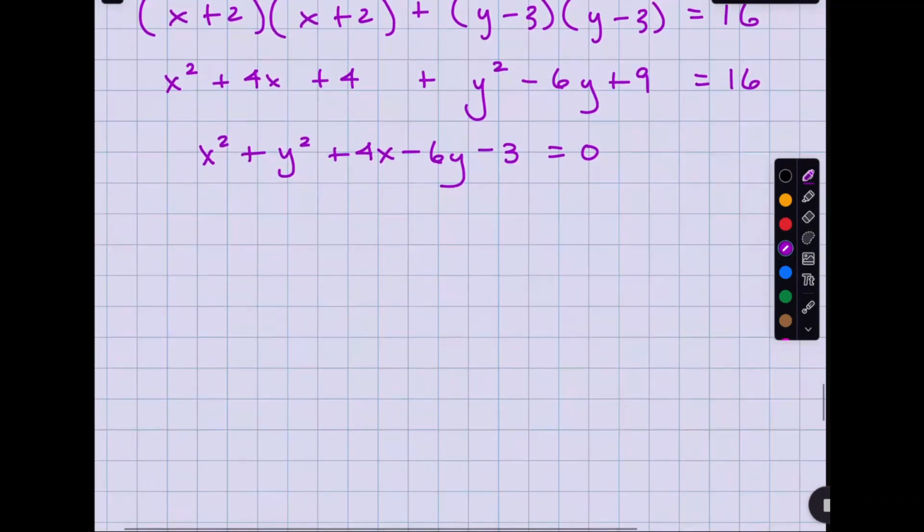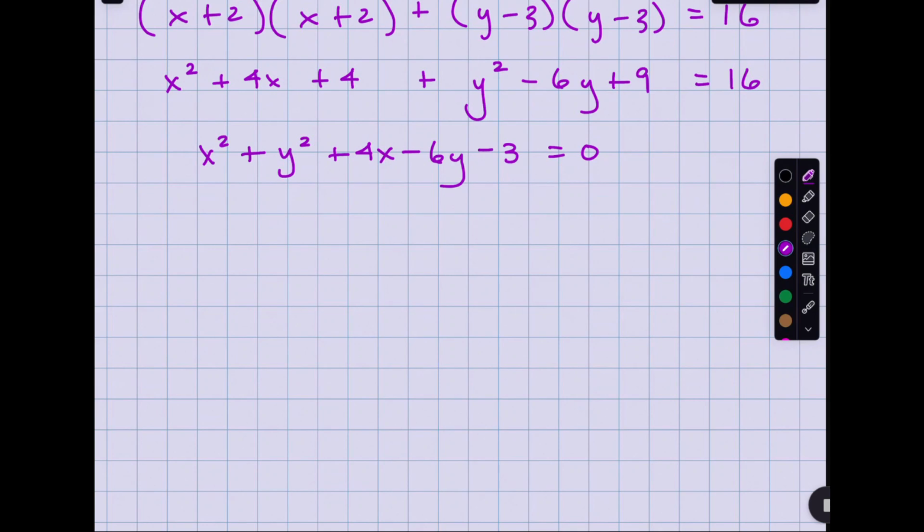Now here's my question. When we look at this general form, does it tell you what the center is? Does it tell you what the radius is? So you're telling me that it's absolutely useless when I have the general form, because it just shows me a bunch of nonsense.